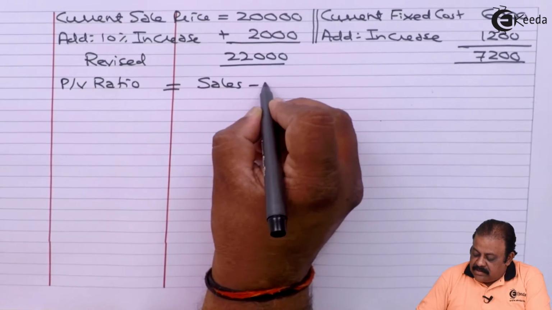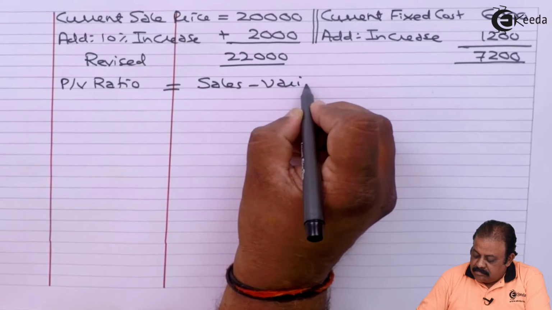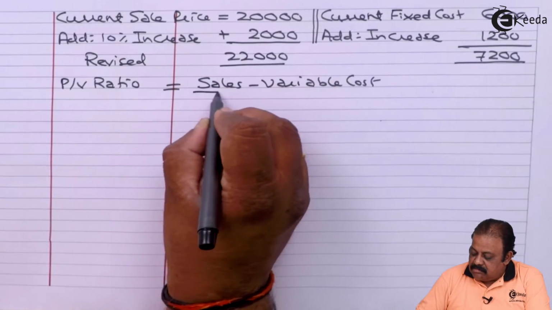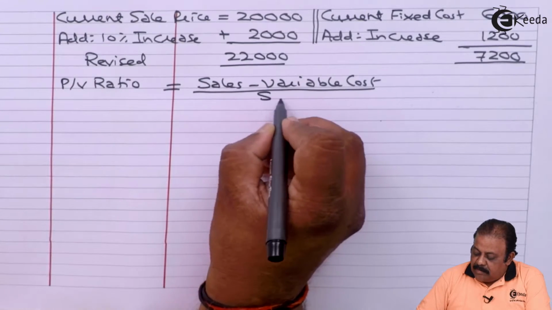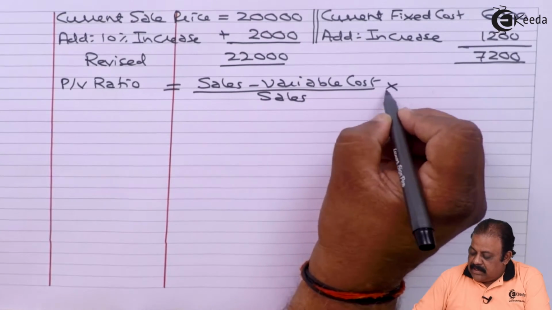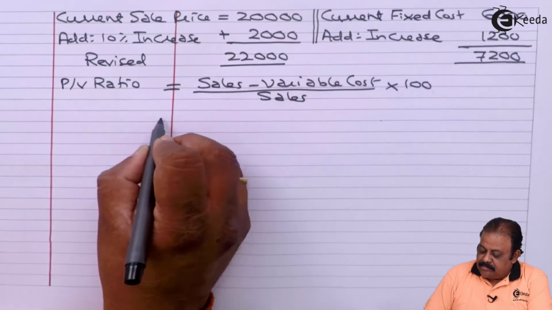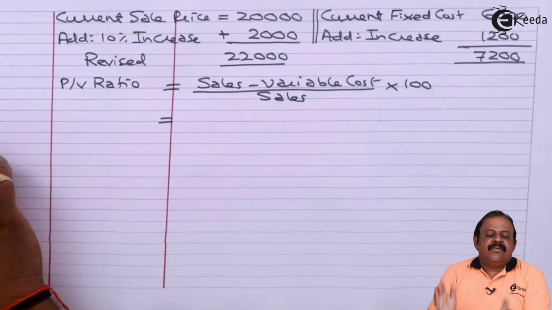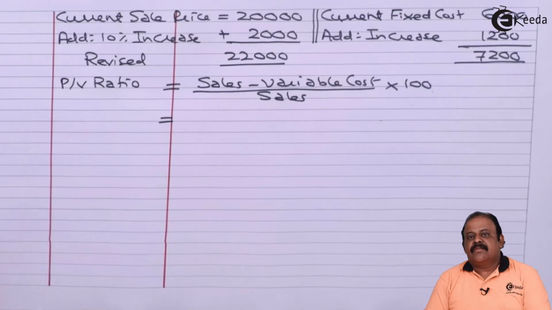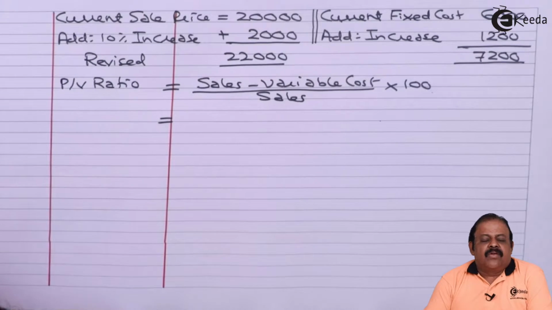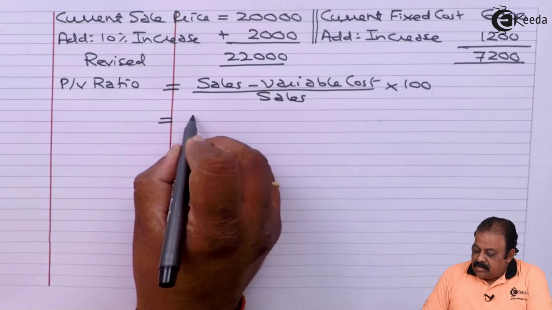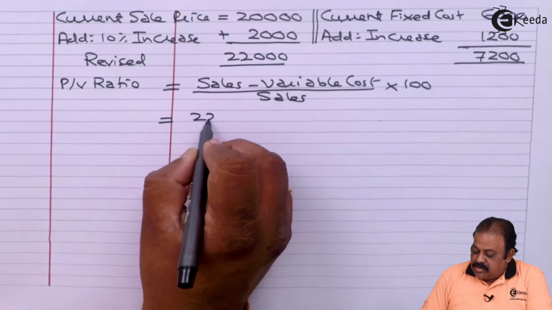Sales minus variable cost, divided by sales, multiplied by 100. Sales minus variable cost is what we will be getting. Sales minus variable cost, we will be getting revised contribution. Revised sale is 22,000.